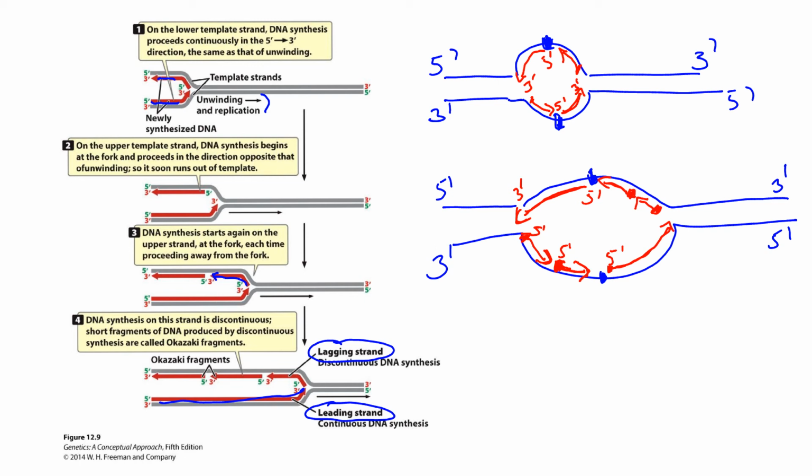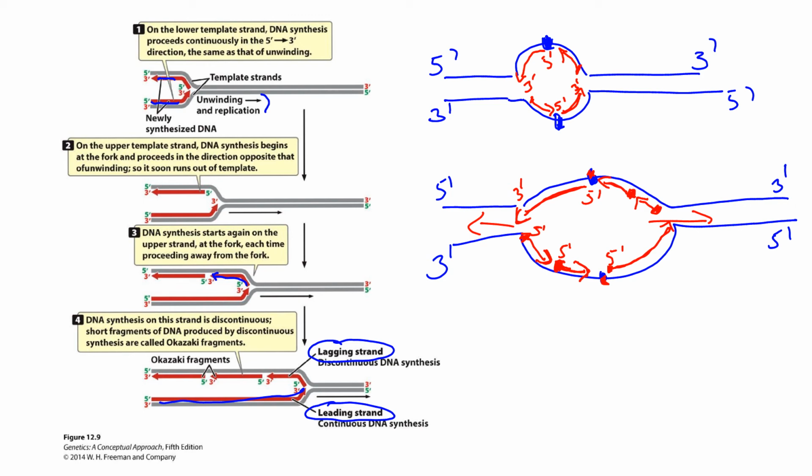Replication starts at the origin of replication and continues bidirectionally, so it goes in both ways. Each template undergoes continuous and discontinuous replication. So on each template you find leading and lagging strands.